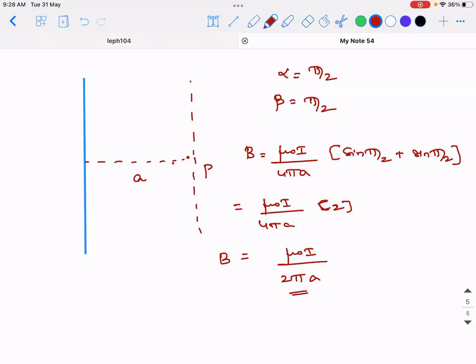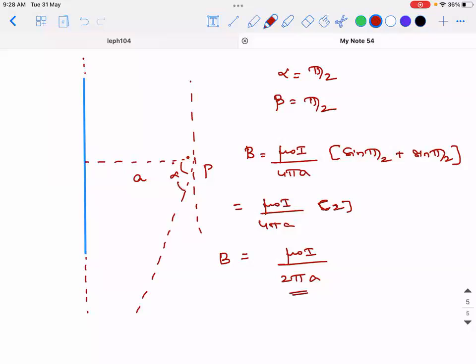Tell me, why are we taking alpha and beta as pi by 2? Because they are of infinite length. If this is extending till infinity, this is also extending till infinity. If I try to draw a line from here till here, this alpha will keep on increasing.